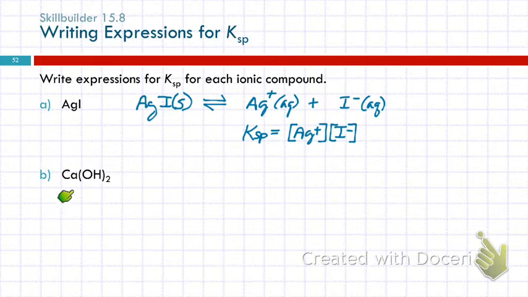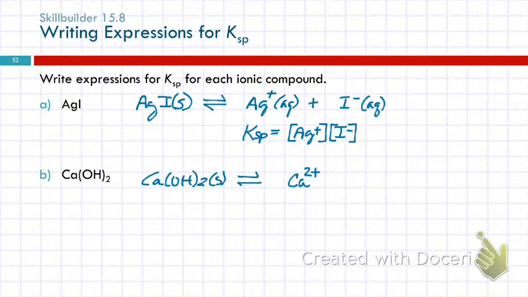Let's do this one. This one's a little more complicated. Ca(OH)2. So, calcium hydroxide, solid. What ions does that form? Calcium ion, not H2O, and 2 OH negative.